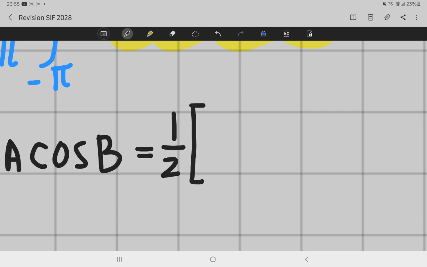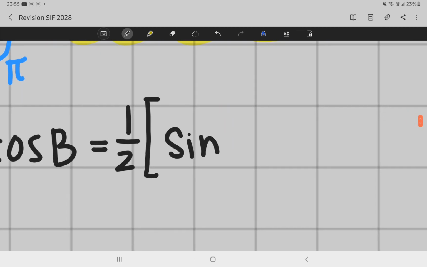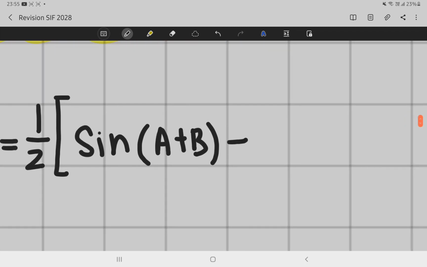I already forgot this. It's sine, right? So it's sine a plus b minus sine a minus b.